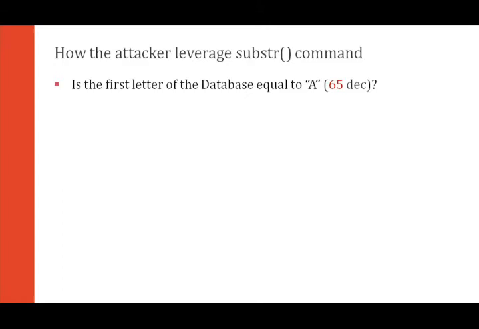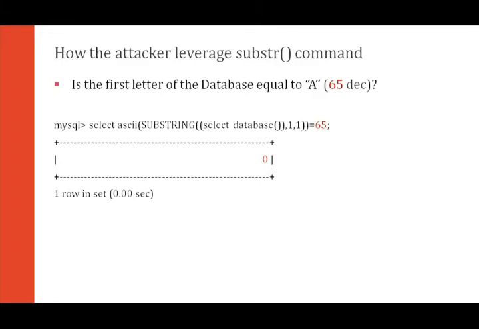They are going to start trying to identify what is the first letter in the database blindly, right? So in this case, we said select substring from the database, the first value with the offset 1, only one char, converted to ASCII, which means that letter converted to the decimal number.